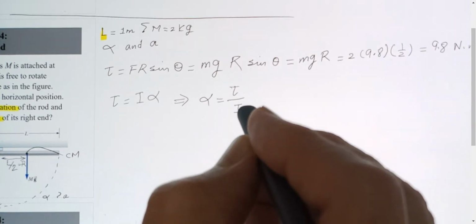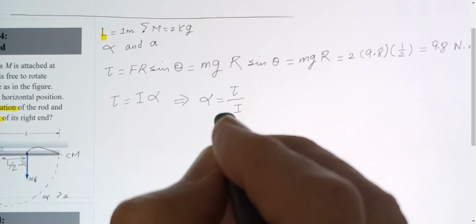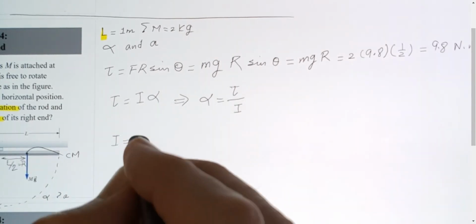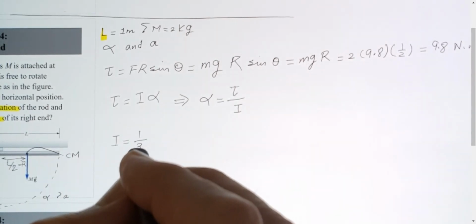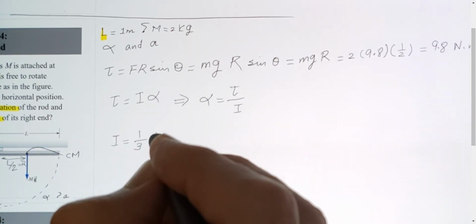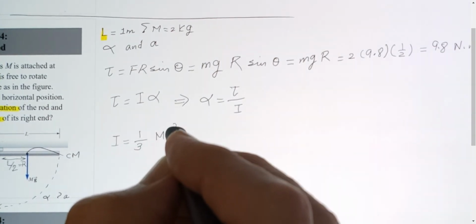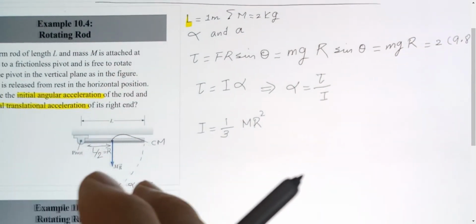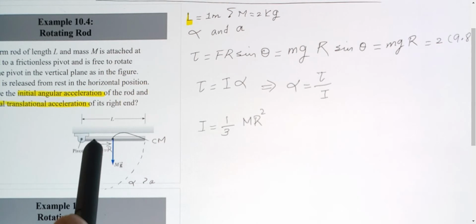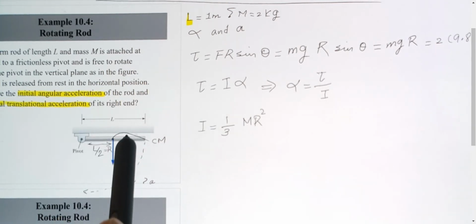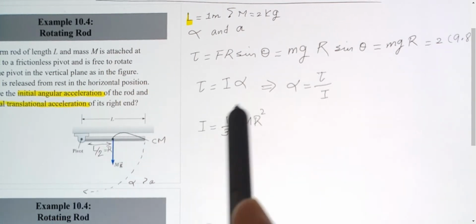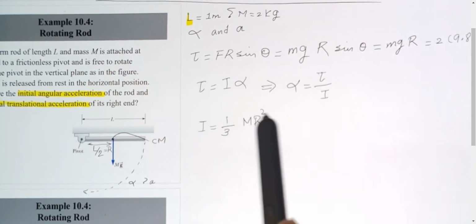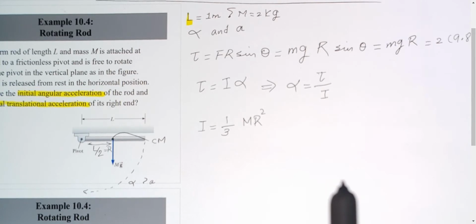What is the moment of inertia for the rod? For this kind of rod, the moment of inertia is 1 over 3 m r squared. If we change the rod to another shape, I will change. I is always given, unless I give you everything else and ask you to calculate I.